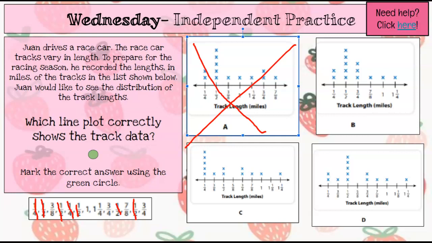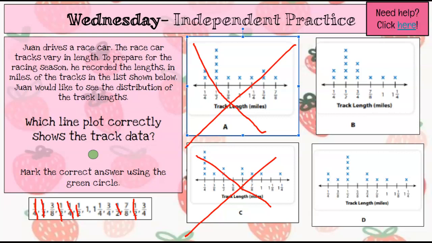Now, if we look at the other charts, we can cross off this one because we should only have 2 quarters, and this one has 4. This one still could be an option. For a half, we've got 5 here. So our 2 options we're still looking at are B and D.